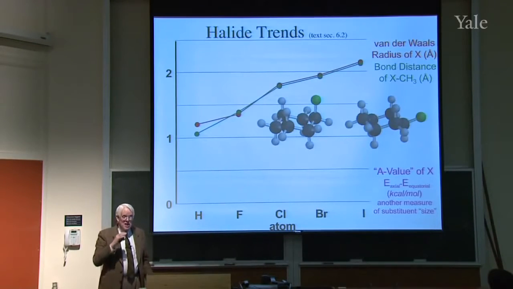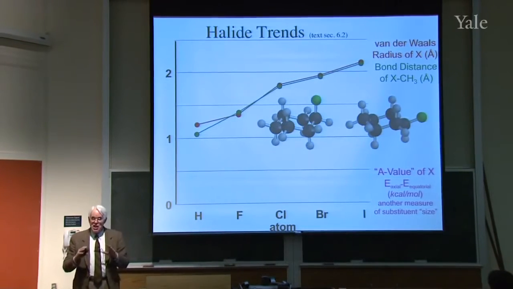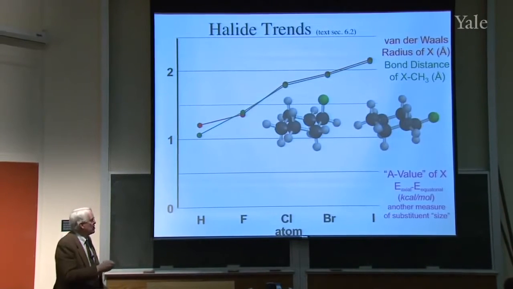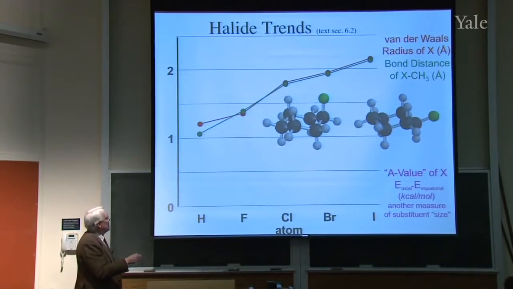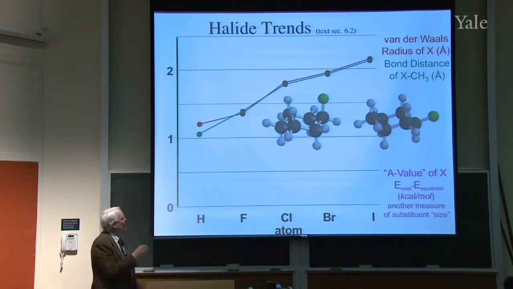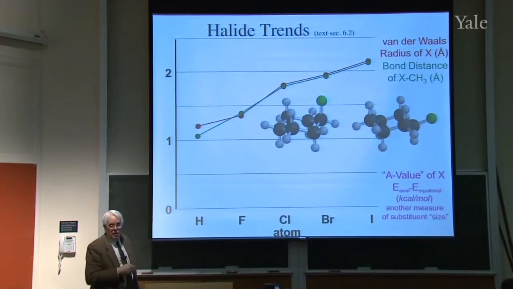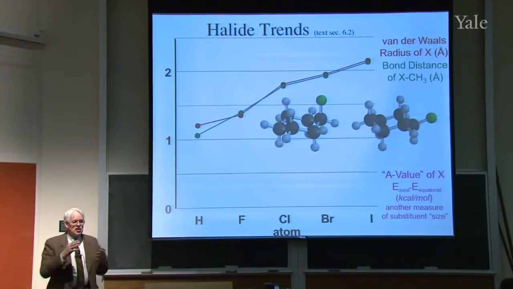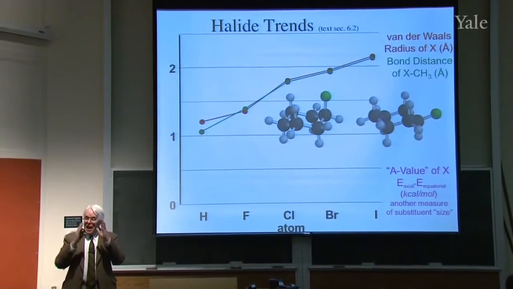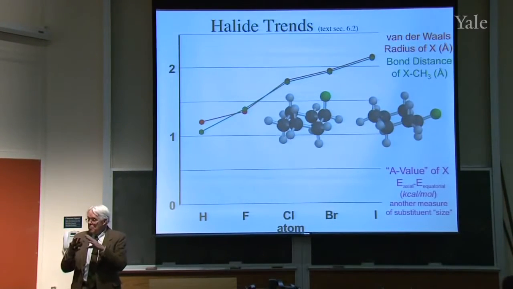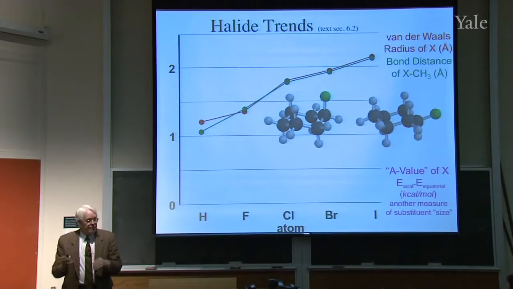Now you can see a similar kind of thing in another measure of the size of atoms, which is the so-called A value. That's how much is axial compared to equatorial in cyclohexane. Axial is more crowded than equatorial is. We talked about this last semester. So if we know what the energy difference is between axial and equatorial, we have some measure of how big that group is.